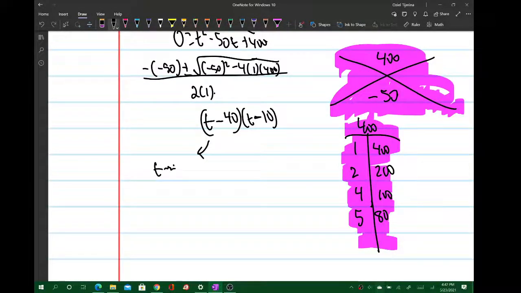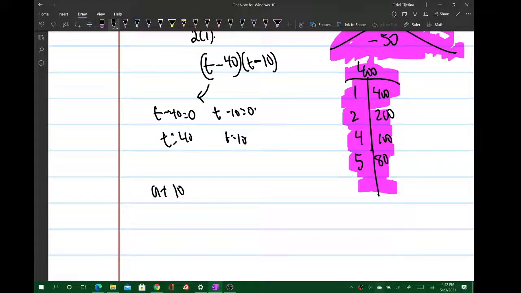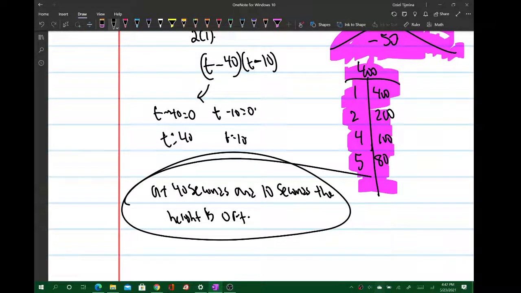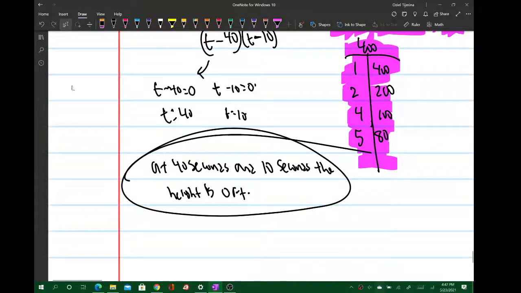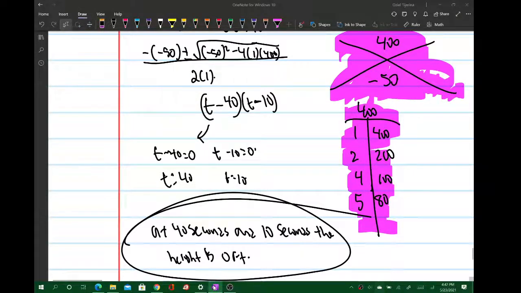So yes, you can do it this way. t minus 40 equals 0, t minus 10 equals 0, and then you say t equals 40, t equals 10. So at 40 seconds and 10 seconds, the height is 0 feet. That's how you would put your answer in terms of the application.